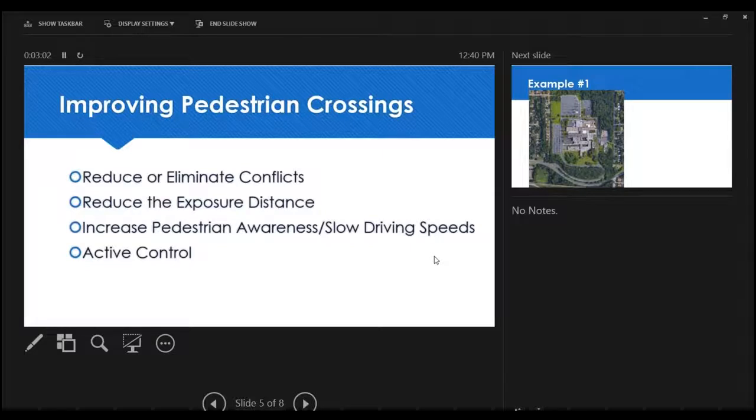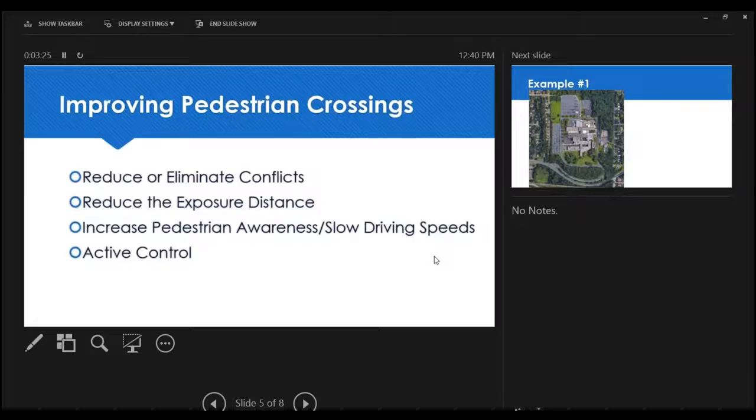About 10 years ago, we studied one of the first RRFBs in Minnesota that was put in at a crossing. We did a before-after study and found out that nobody was pushing the button. It was 3 out of 60 pedestrians pushing the button. So no matter how good the technology is, if people don't push the button, it's worthless. That was our big takeaway from that study.